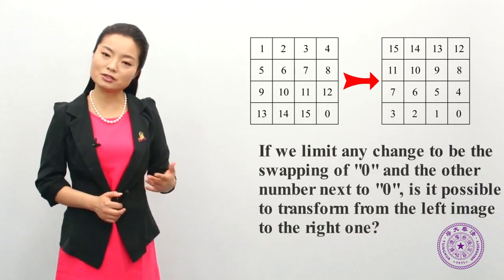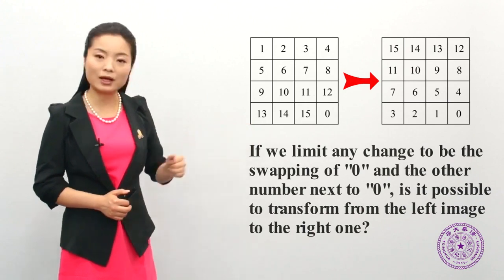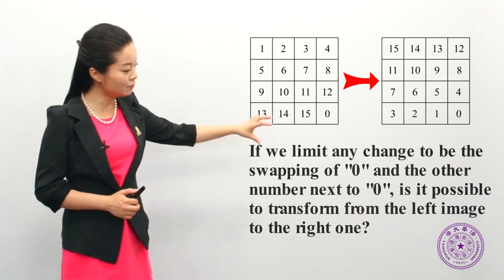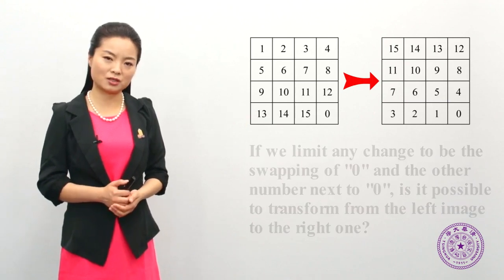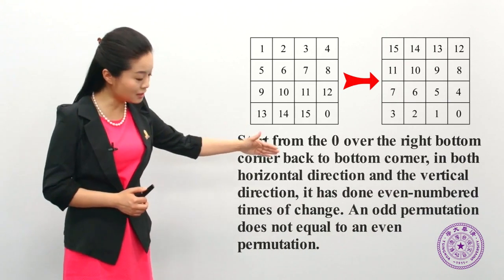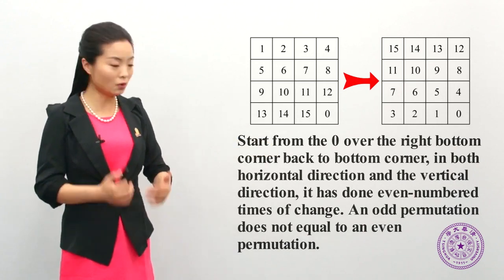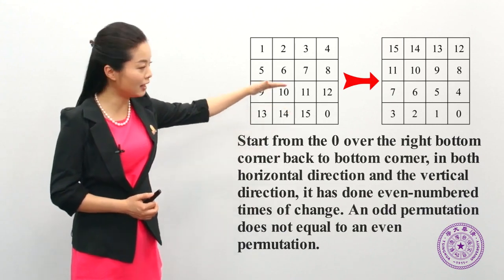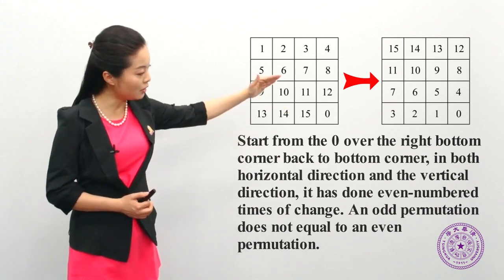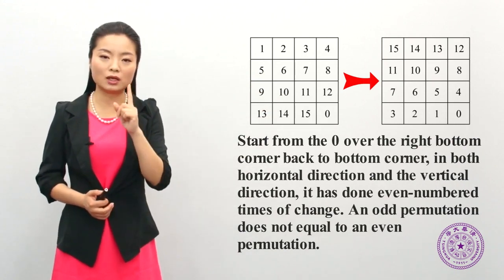We will realize 0's position actually does not change. Then we can guess 0 is swapped with its above neighbor, then comes back by a paired swap. Therefore, it definitely goes through an even number of steps to be back in its original position. Because with the constraint that swaps should be between 0 and its neighboring position, these two images should go through an even permutation.